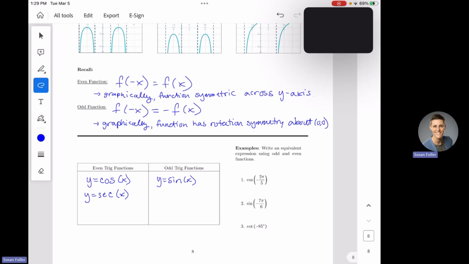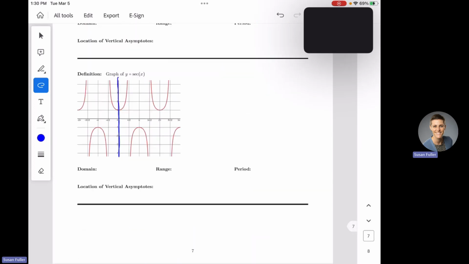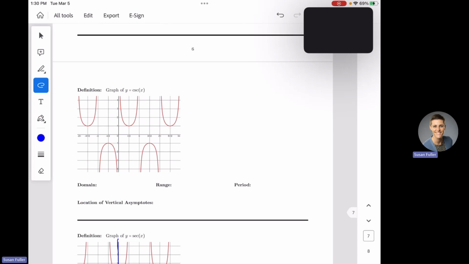Because sine is odd, its reciprocal function of cosecant is also odd. Tangent is also an odd function, and its reciprocal function of cotangent is also odd. The rest of these are odd. And if you went back up here and looked at some of our functions, here's my y-axis.